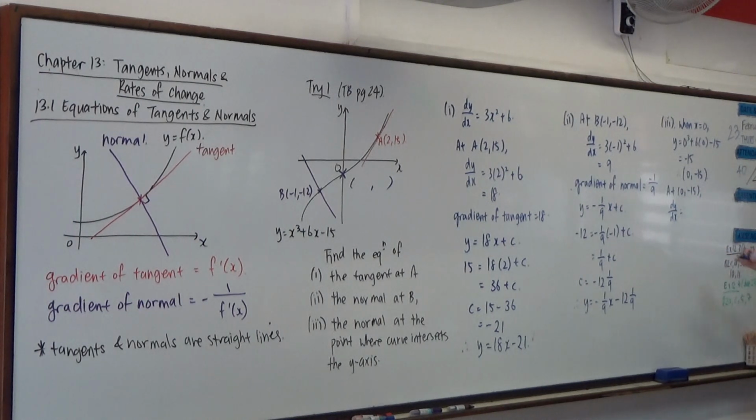Using x equals 0, dy over dx is 6. Hence the gradient of the normal will be negative 1 over 6.